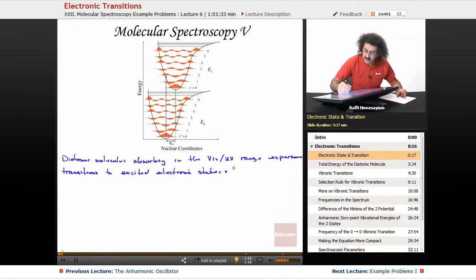Okay, so we call these electronic transitions. It's where we send the electron actually up to a higher level of energy.